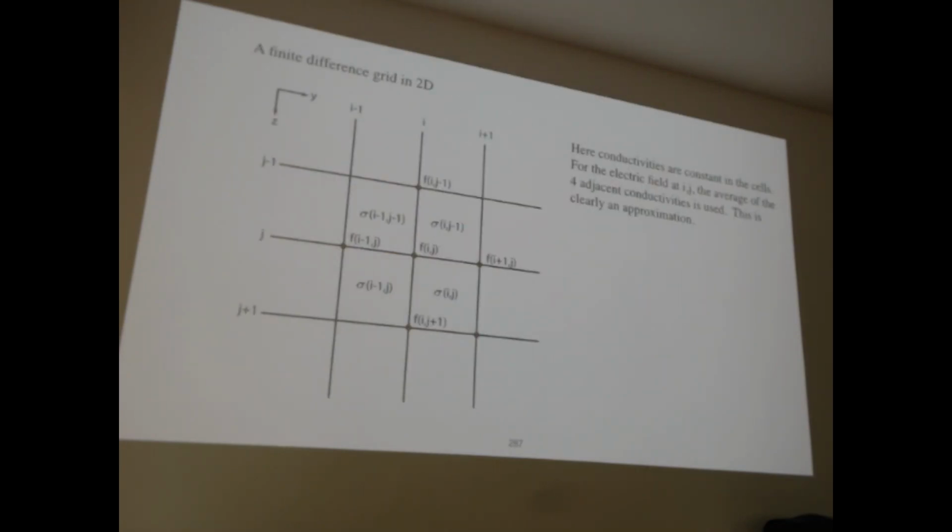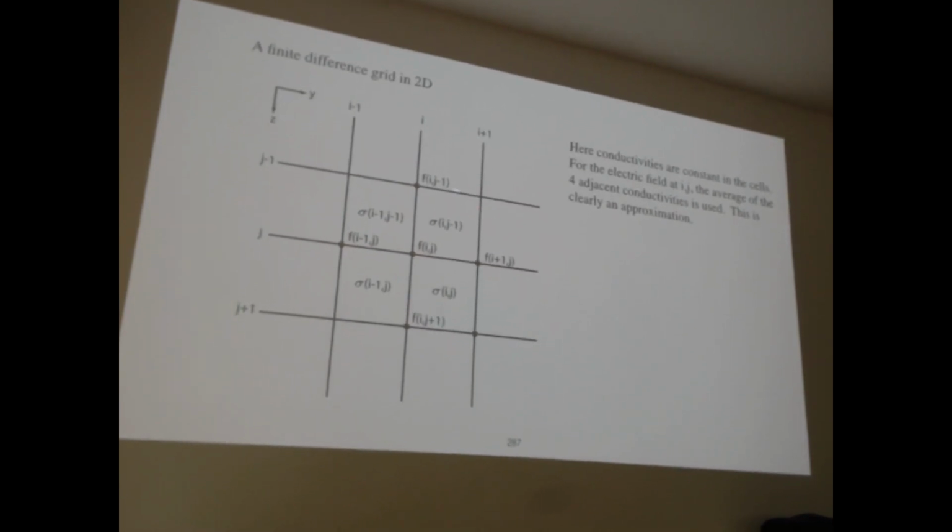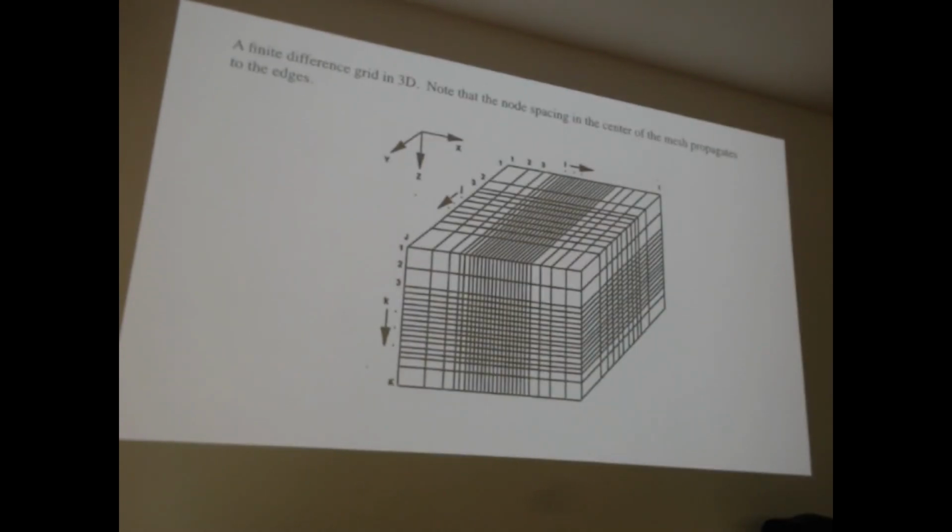So in 2 dimensions, your finite difference, instead of being a line, just becomes a grid of points, and you can calculate derivatives in any direction. In 3D, it becomes a mesh of points. In 1D, we kept the mesh spacing constant for convenience.